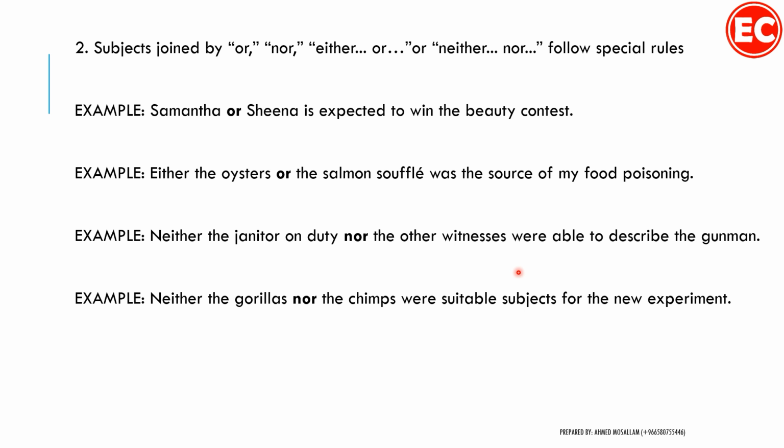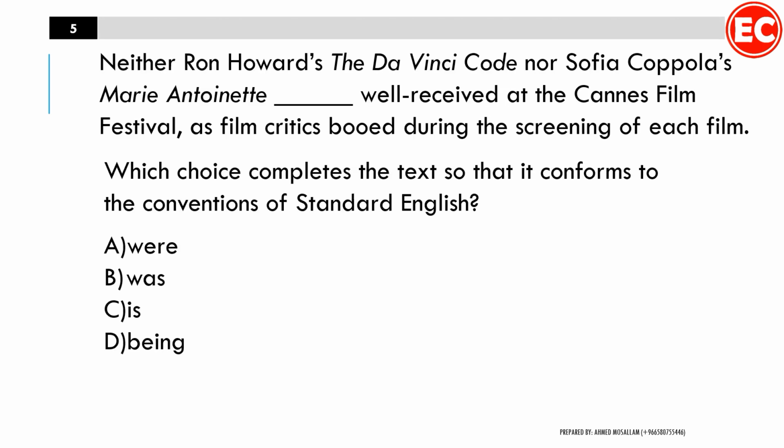The last one here, gorillas and chimps, both are plural, but chimps is the one which decides the verb to be were. Now try this on your own and think a little bit to decide which verb you will take here. The answer for sure will be was, because Sofia Coppola's Marie Antoinette is singular, so we're going to use was. Whatever comes after or or nor decides the verb here.